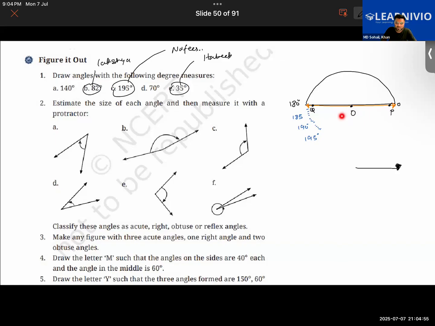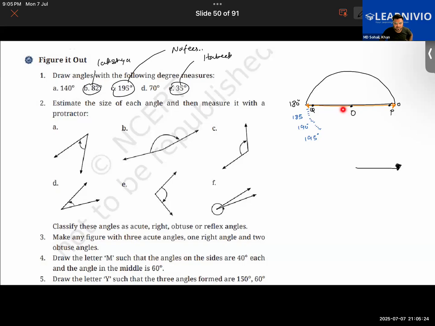See, on the protractor, the measurements are till 180 only, right? So first you will draw a ray named OP or anything. Then you will draw the dotted line like this, OQ. Then you will place the protractor inverted.